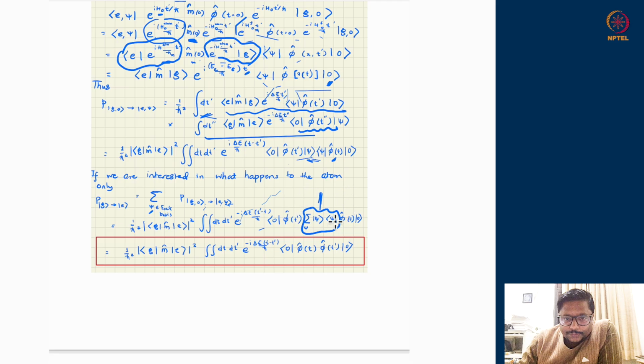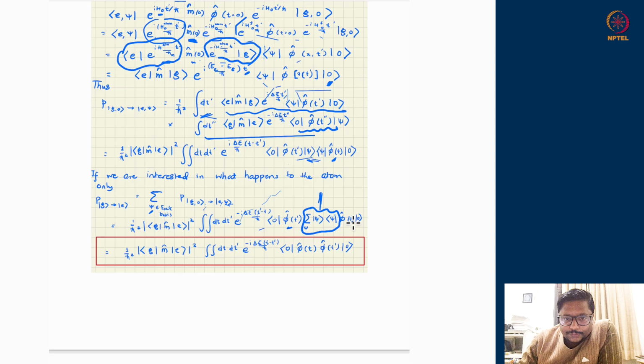Now I again relabel. So t prime appears first in the exponential with a minus sign, and phi t prime appears here. T appears in the argument of the exponential at the later stage, and the t here appears second.